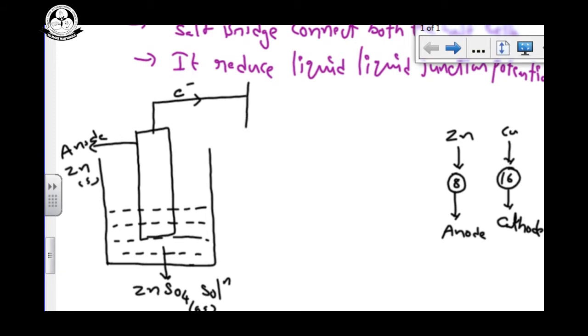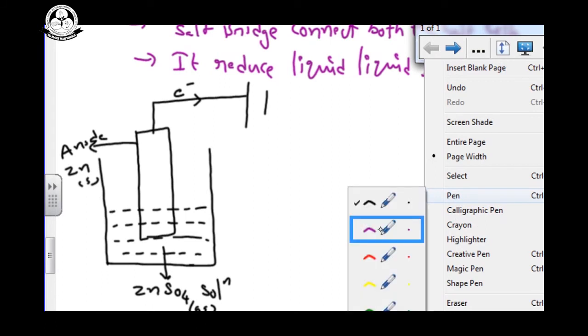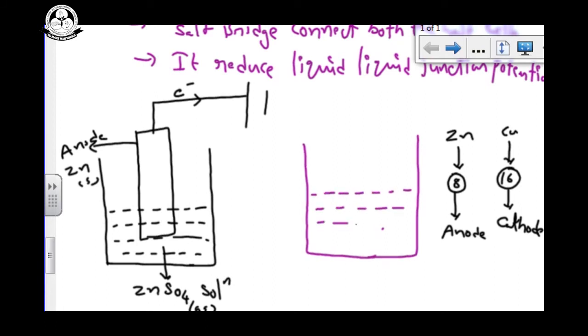The second half cell is the cathode. Cathode is reduction. Now you can consider one more beaker filled with a solution. Always the right hand side is the cathode.